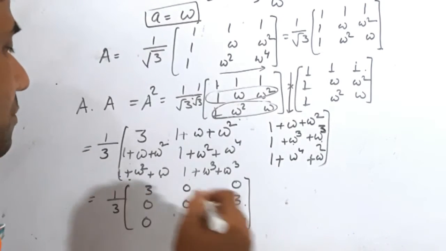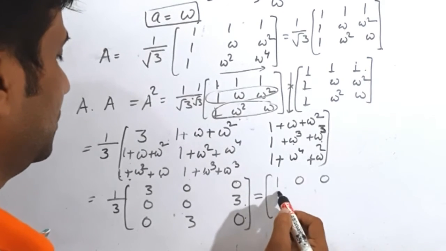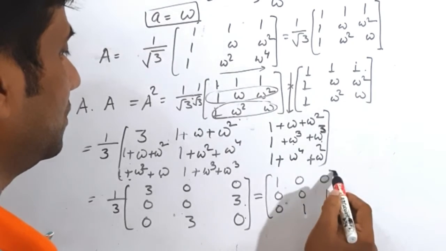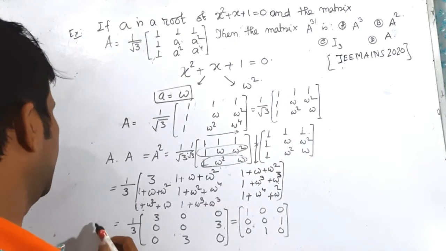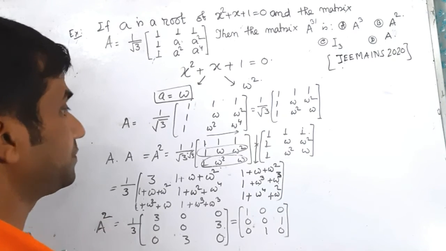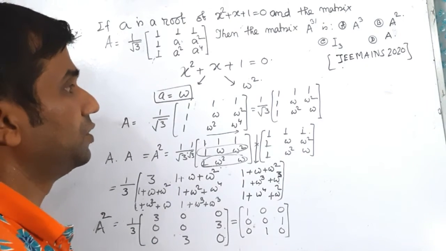So dividing both sides by 3 we get [1 0 0; 0 0 1; 0 1 0]. What we get? This is A square. So we get A square is equal to this.